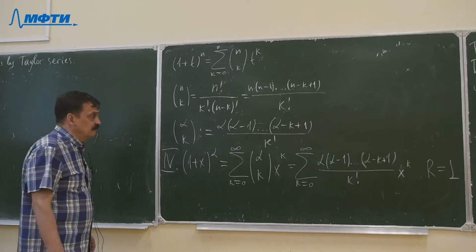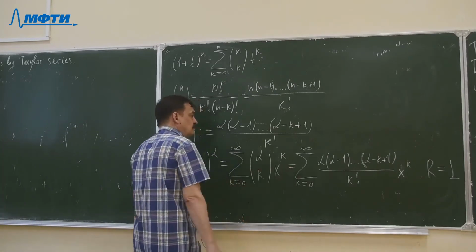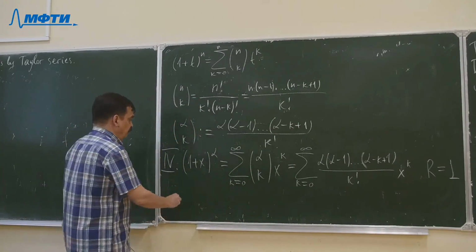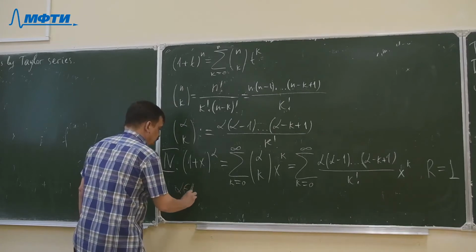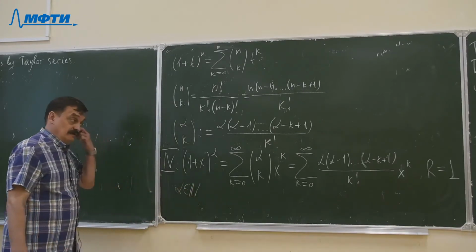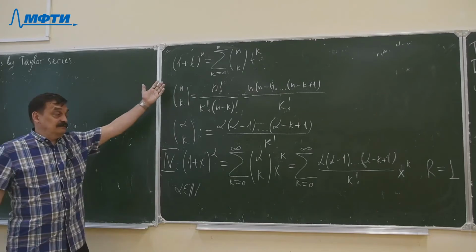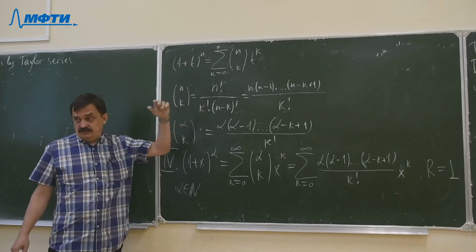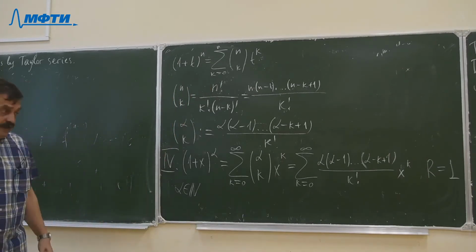And you see that if alpha is natural, then this is precisely the Newton binomial formula. Why?